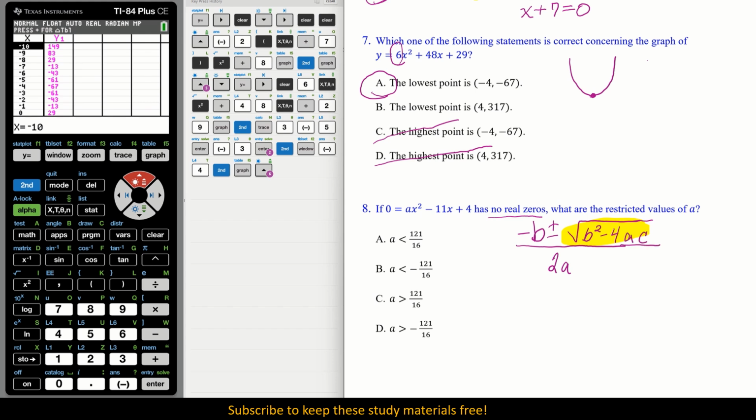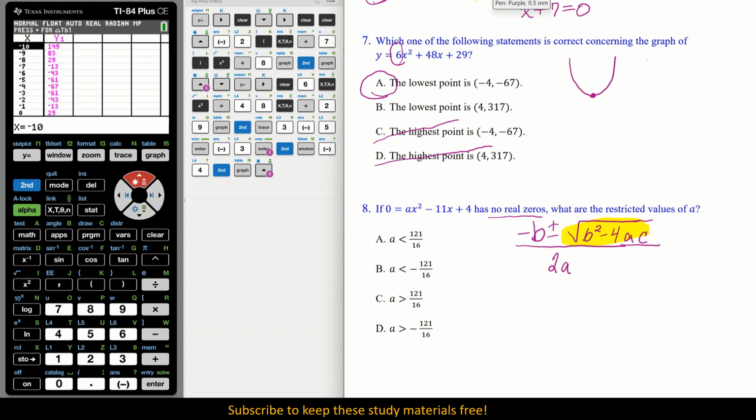That's what we need to look at. If we calculate b squared minus 4ac and that whole expression turns out to be negative, then that's what we need.